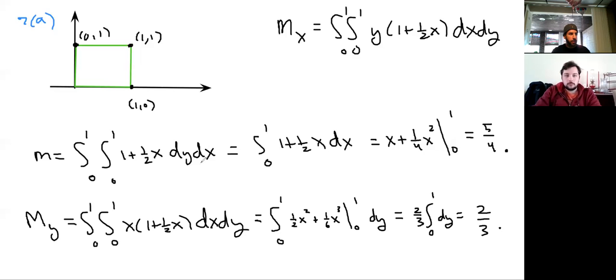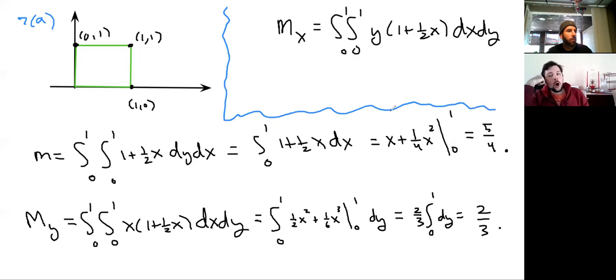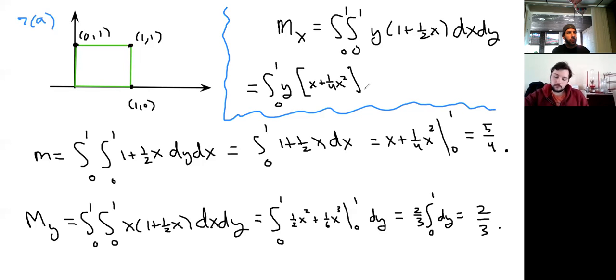Okay, now this one up here, let's branch this off so we don't get all discombobulated with this. All right, so what is this integral? Well, if we integrate the x first, we can write this as the integral from 0 to 1 of y. And then what's this integral? Well, this becomes x plus 1/4 x squared from 0 to 1. And we did this one downstairs. We already did this integral.